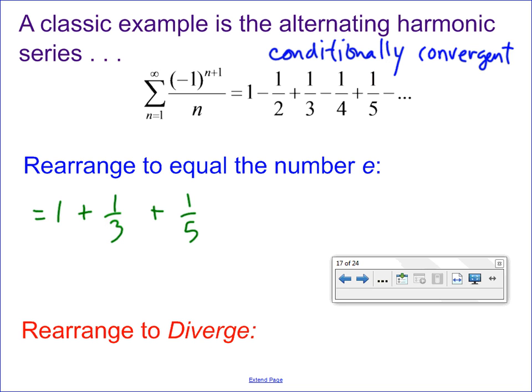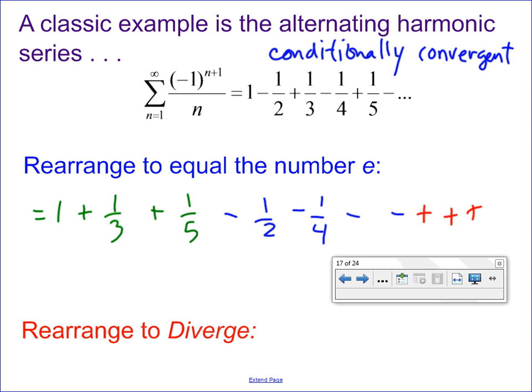We're going to go back now and use a bunch of negative terms, just negative terms, so that we pull that partial sum back beneath the value of e. So we first used positive ones to get above e. Then we started on negative terms until we got below e. And now what are we going to do? Now we're going to grab some more positive terms from my infinitely long series and add those terms until we get above e again.